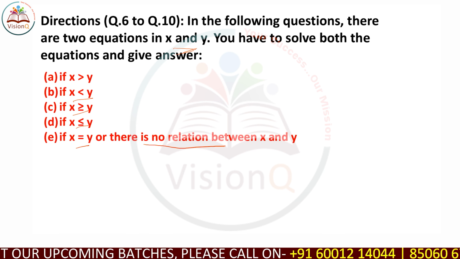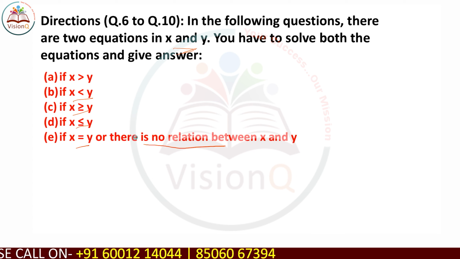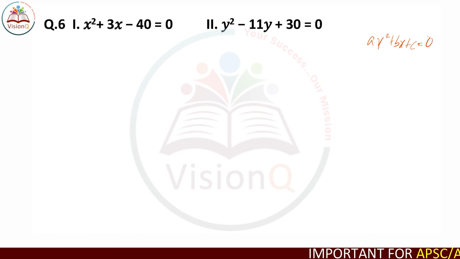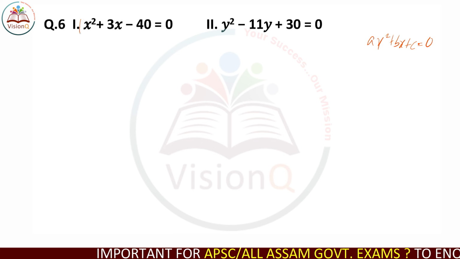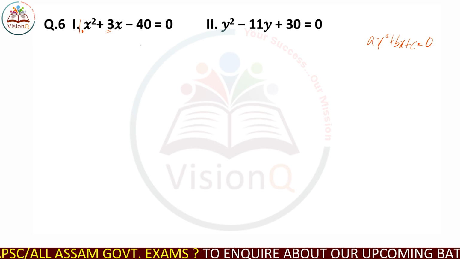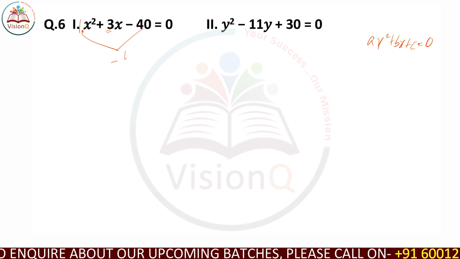So students, let us see the first question of this set, question number 6. Any quadratic equation should be of the form ax square plus bx plus c equal to 0. In the first step, we multiply a and c. In the first equation, a is 1, b is 3, c is minus 40. So first multiply a and c, it is minus 40.